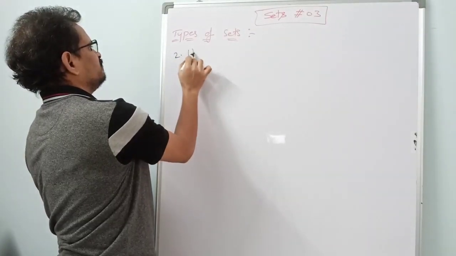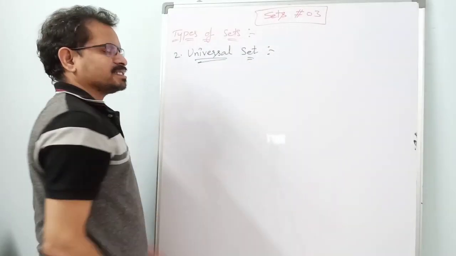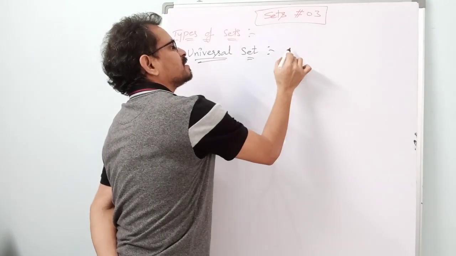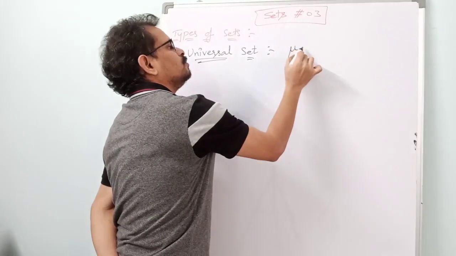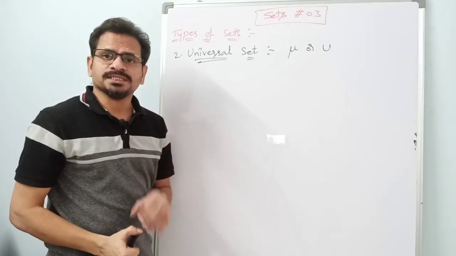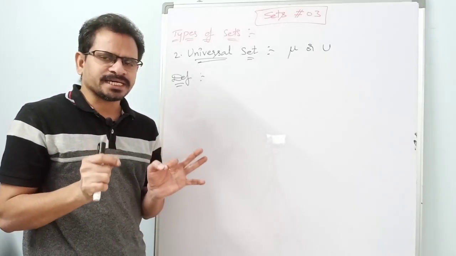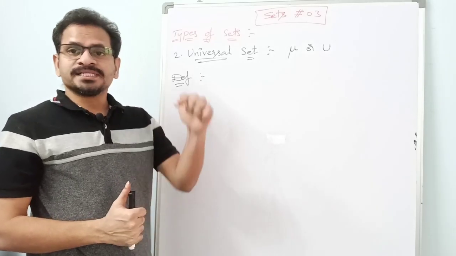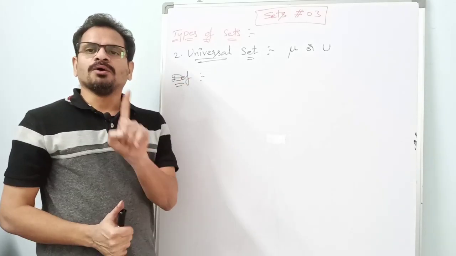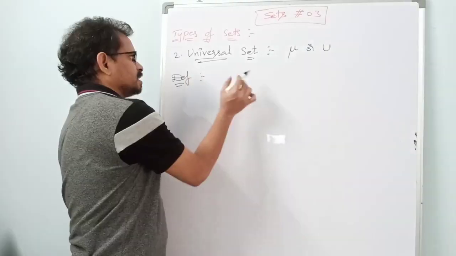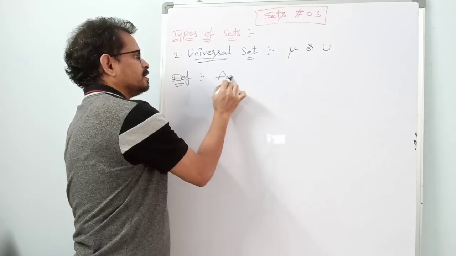Number 2, universal set. Take the symbols used for universal set. The universal set is represented by this symbol mu or capital U. Then what is the definition of universal set? A set which contains all the elements of its related sets without any repetition is called a universal set. So what is the definition for universal set?